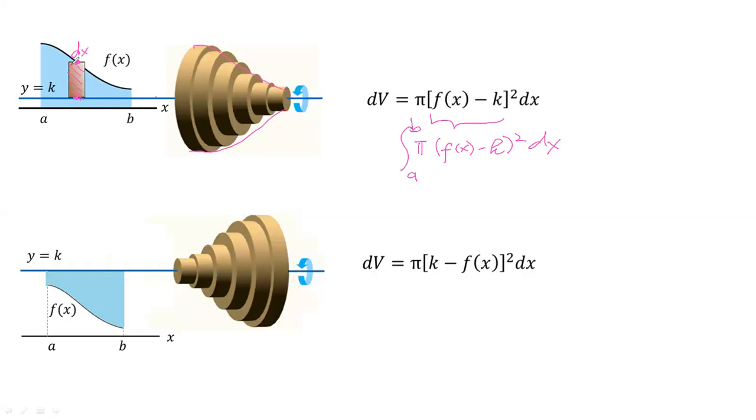So subtract. Because you're only interested in the circular area of the face wherein this is your radius, not the entire thing as dire. Why? Because this is not your axis of rotation. Your axis of rotation is this one. So you have pi r squared dx. You get it?